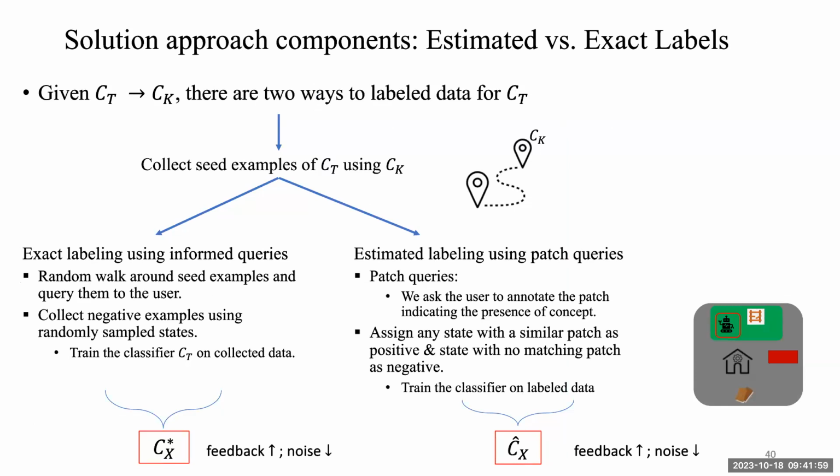Once we have that, we can do template matching, where we assign any state with a similar patch as positive and states with no matching patches as negative. And we can train the classifier on this estimated labeled data. We call this classifier the C hat X classifier, where the concept is CX. Notice here that the feedback required would be low, but these could be noisy labels, and hence it could be a noisier classifier.